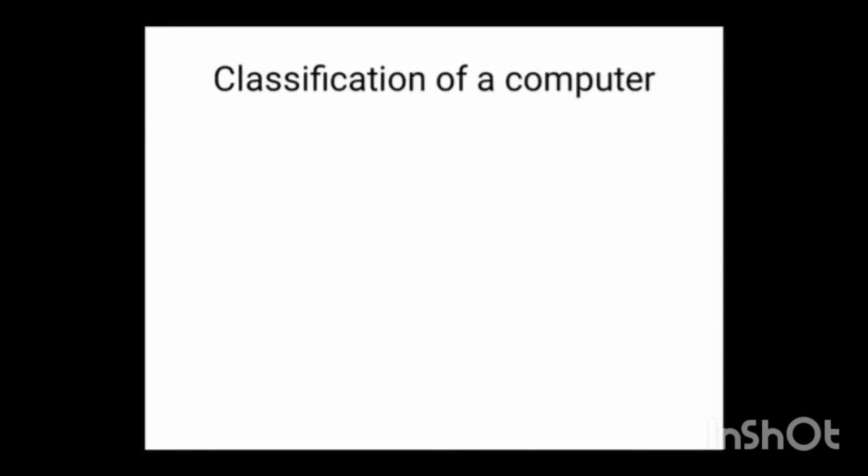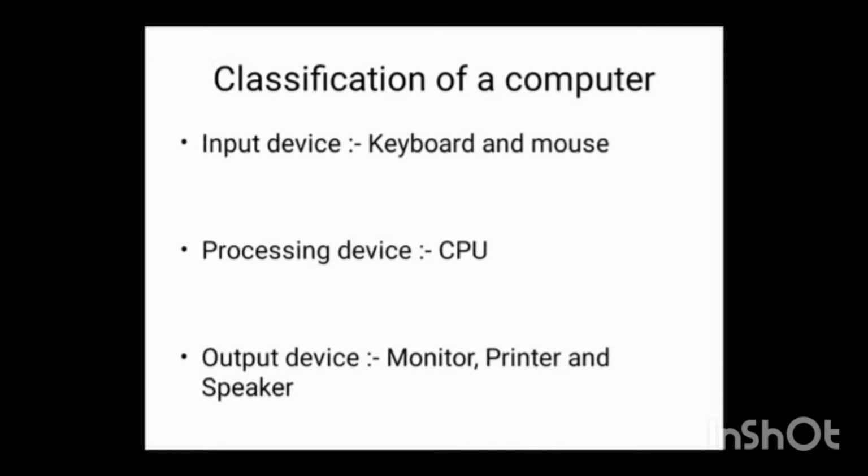Now let us discuss the first classification of a computer. The computer is divided into three sections: input devices, processing device, and output device. Input devices are keyboard and mouse, the processing device is CPU, and output devices are monitor, printer, and speaker.